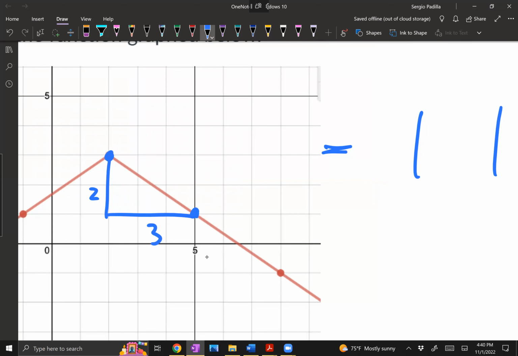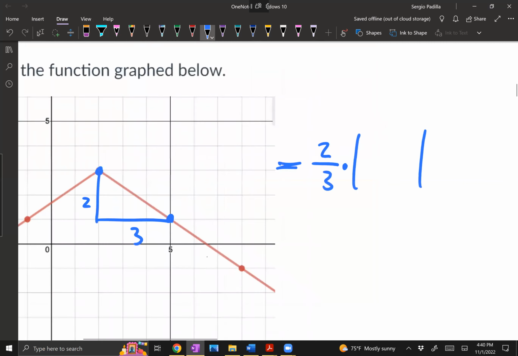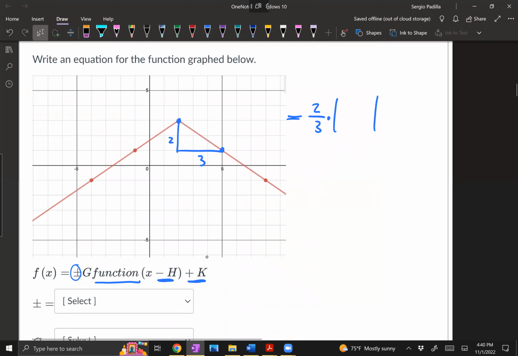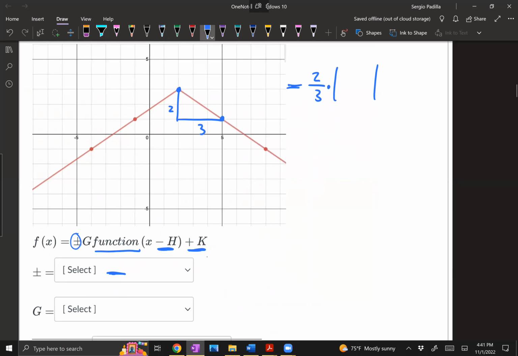So I know that my number in front of the absolute value is going to be negative 2 over 3. That's the slope of the right side, and it is always going to give you the a value there, in this case g. So we already know that g is going to be negative 2/3.